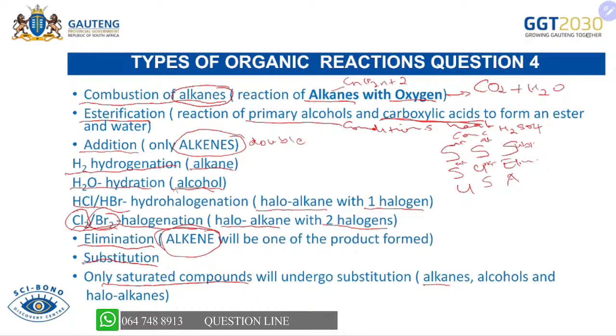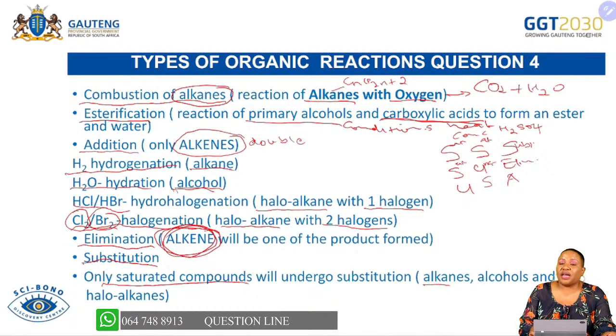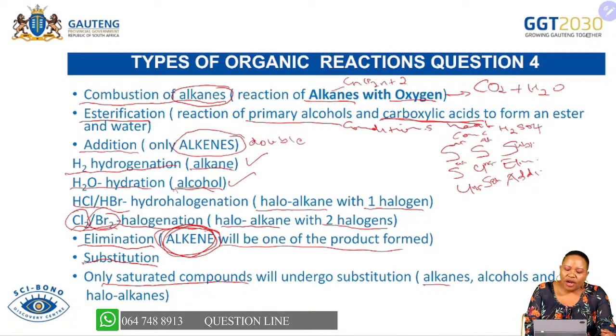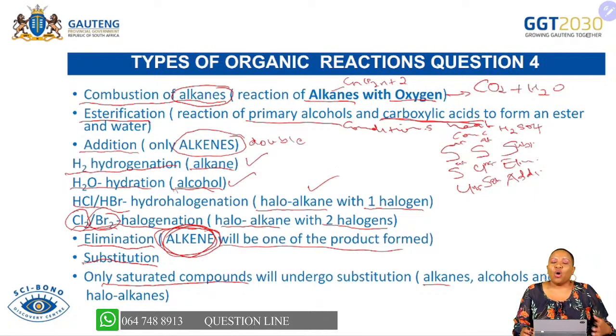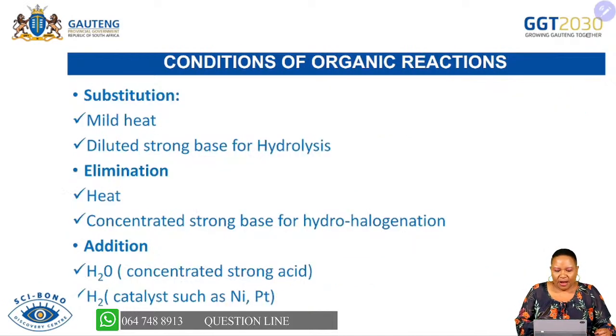That is why during elimination we expect to find an alkene, and maybe also alkynes, but definitely unsaturated compounds will be formed. And if the reactant was unsaturated and the product becomes saturated, it means it's addition. That is why my addition reactions give an alkane, an alcohol, and a haloalkane, to show that only saturated compounds will be formed after an addition reaction.